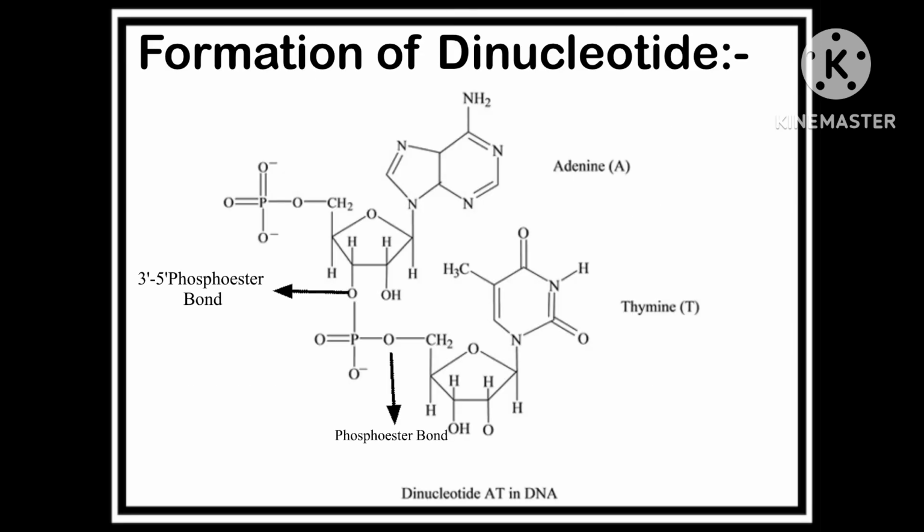Now we will see the formation of dinucleotides. As you can see, this is our first nucleotide, and this OH group indicates that it is ribose sugar, and A on the nitrogen base means it is adenine.